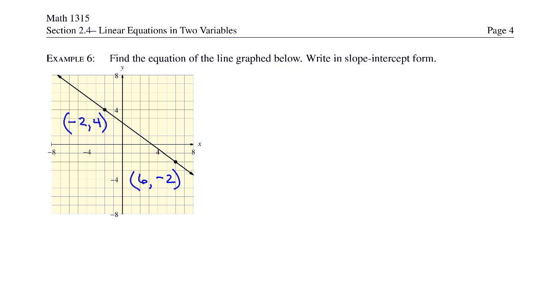So using these points, we can find the slope of the line.